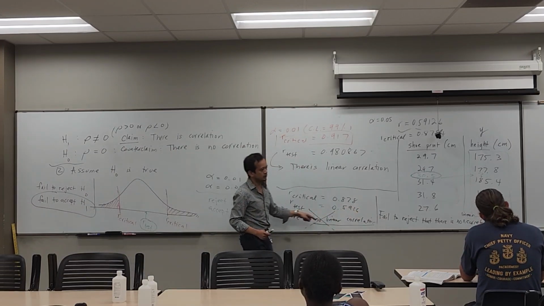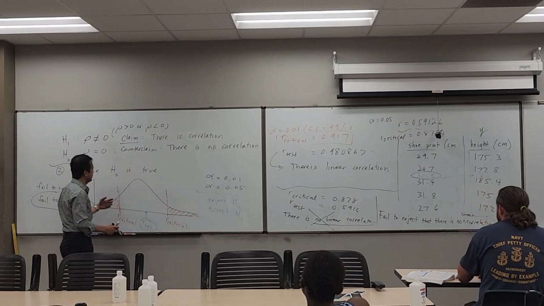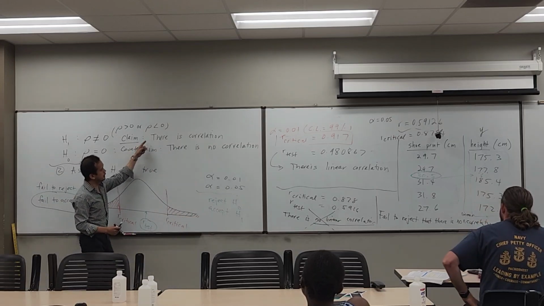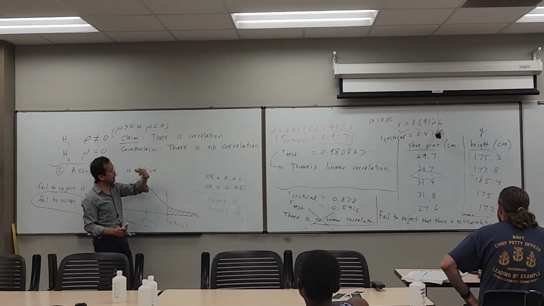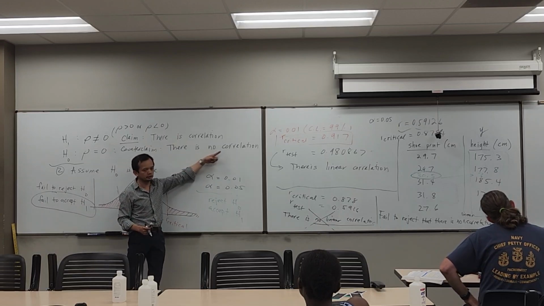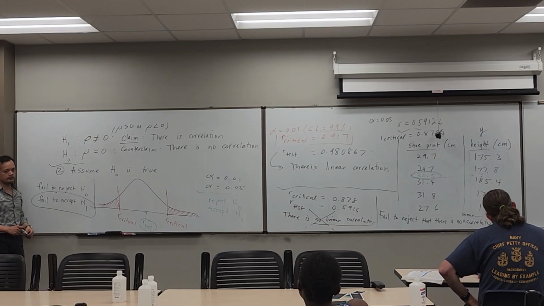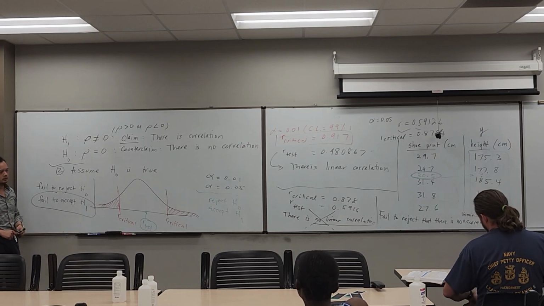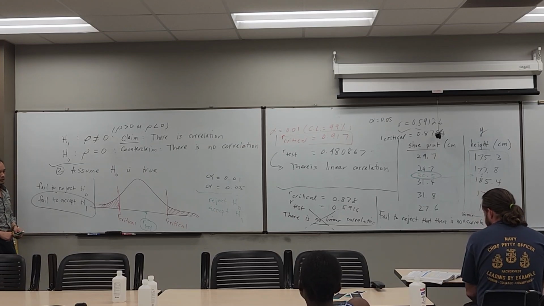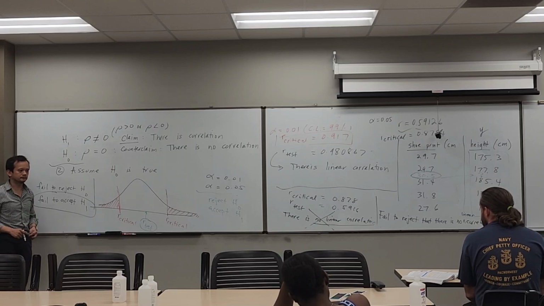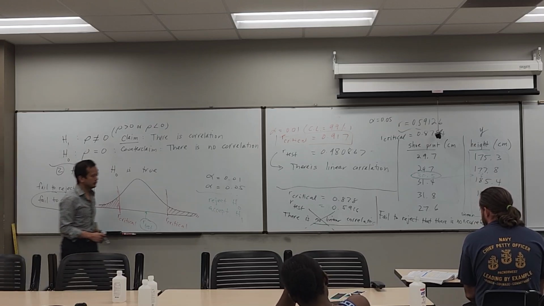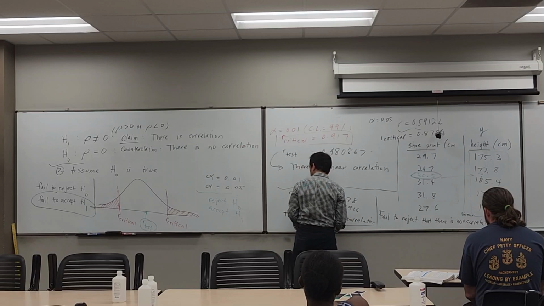But either one will be okay. So again, you can say either fail to accept that there is correlation, or you can fail to reject that there is no correlation. Any questions? So I'll write both here.